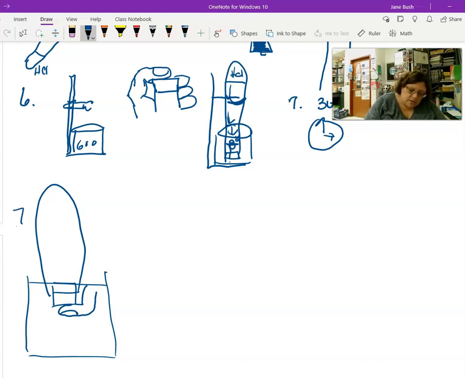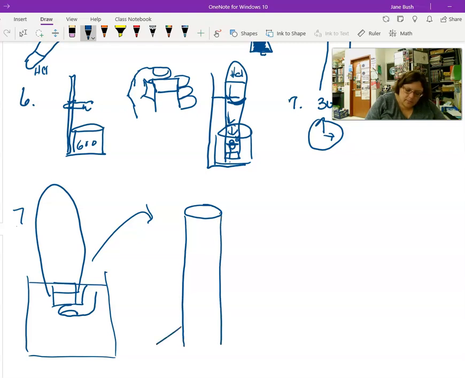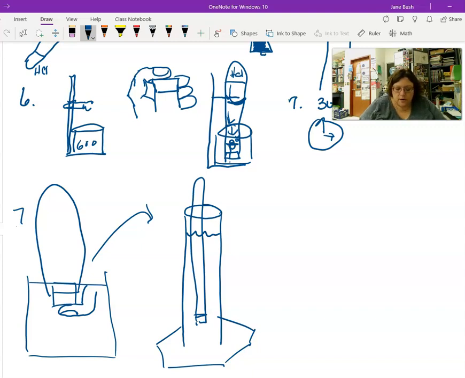We're going to transfer it into a graduated cylinder. And then we have to move the tube up and down so that the water level of the tube is equal to the water level in the graduated cylinder.